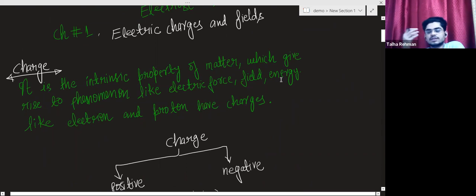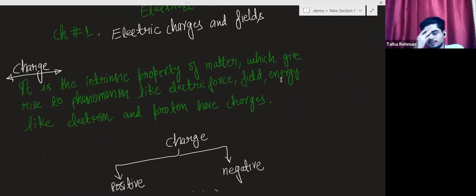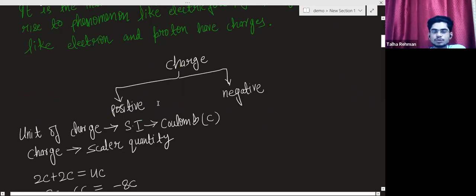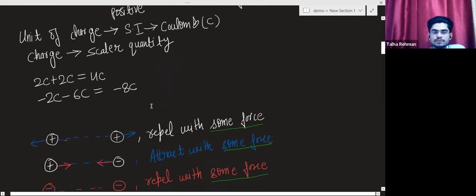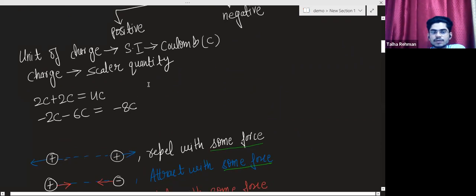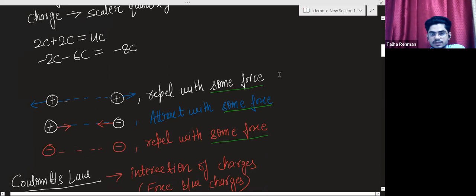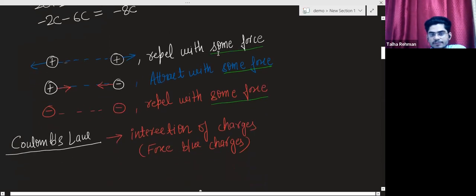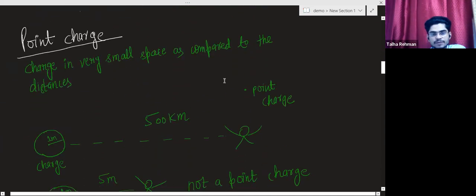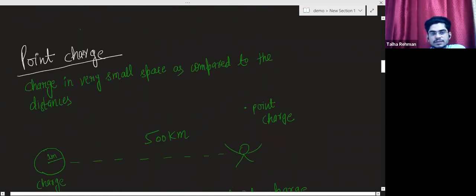Charge is a property, and charges are of two types, positive and negative. Charge is also a scalar quantity, as we can add these charges. We have calculated this force with the help of Coulomb's law.